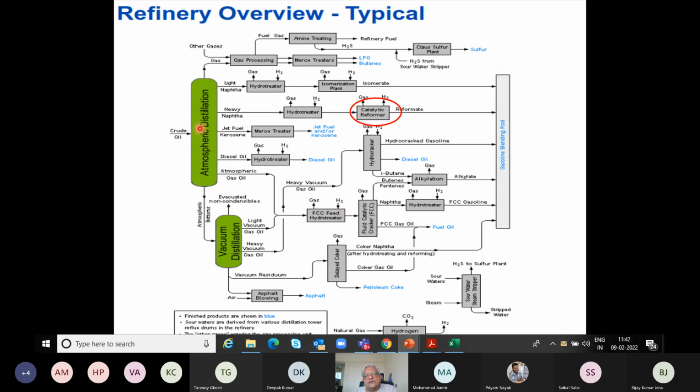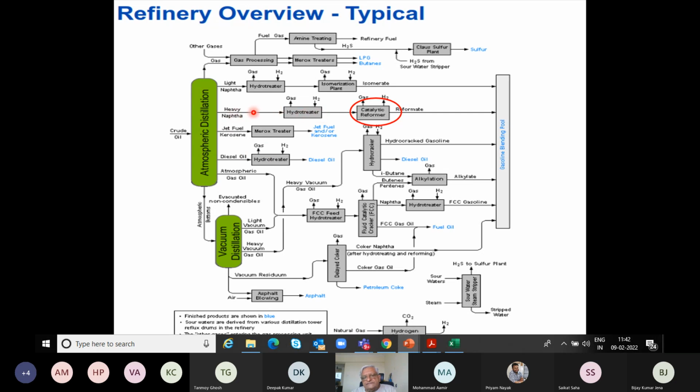If you recall, from the atmospheric distillation unit we take out the wild naphtha, which contains both LPG as well as naphtha, and that is distilled in a column called a naphtha stabilizer. From the naphtha stabilizer, generally this naphtha is taken into another column where you distill out the light naphtha and the heavy naphtha. The heavy naphtha actually comes here.